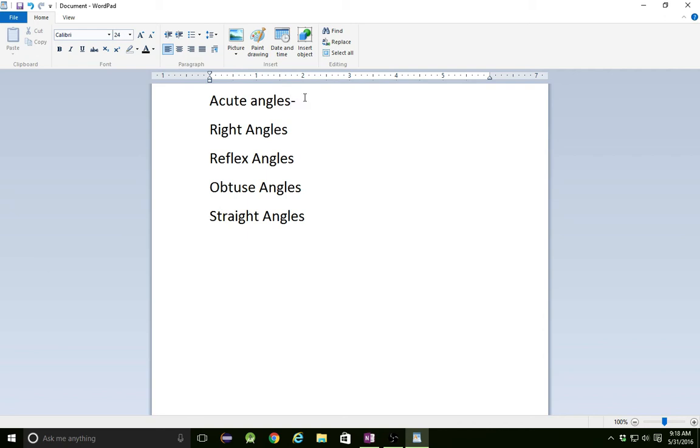Acute angles are less than 90 degrees. Right angles are equal to 90 degrees.